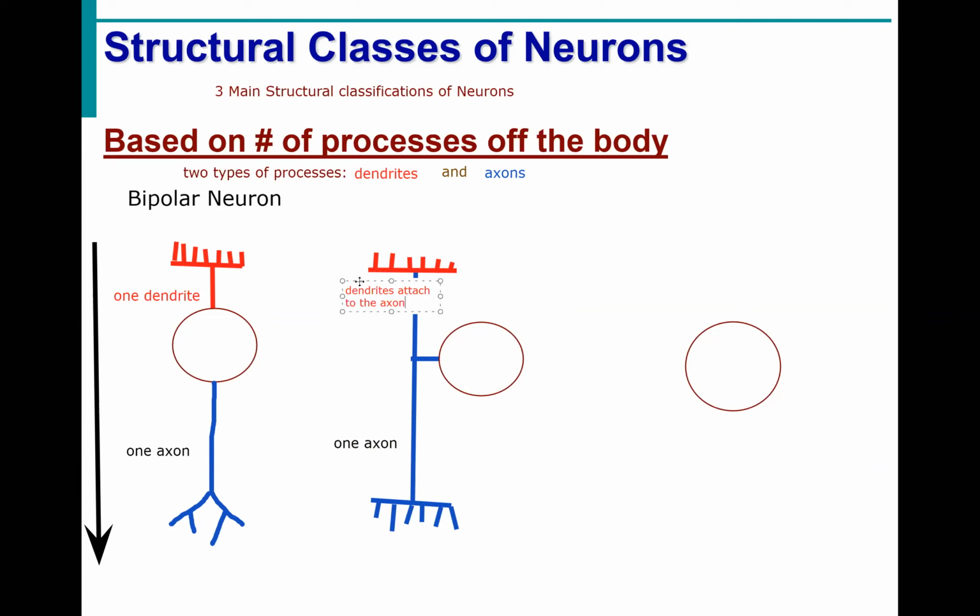In this case, notice there is only one process that comes off of the cell body. And so this is what is known as a unipolar neuron.